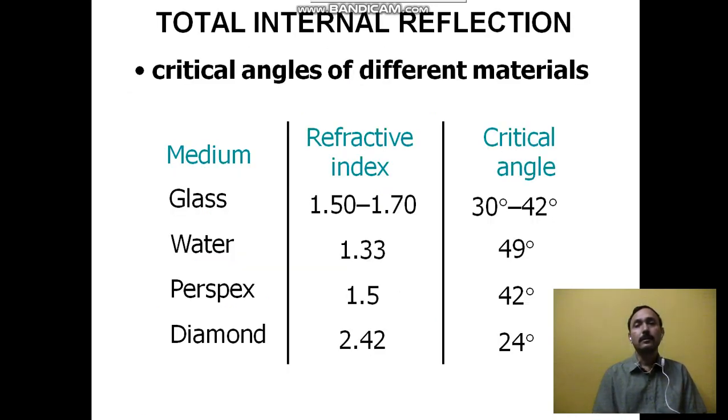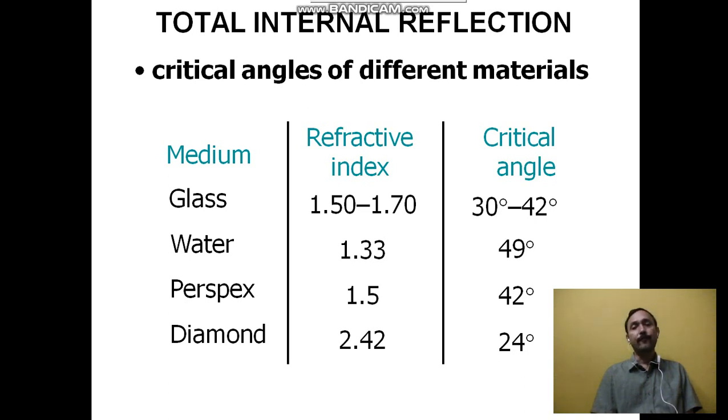Now some data for total internal reflection: critical angles of different materials. For glass, the refractive index varies from 1.50 to 1.70, and the critical angle is 30 degrees to 42 degrees with respect to air.